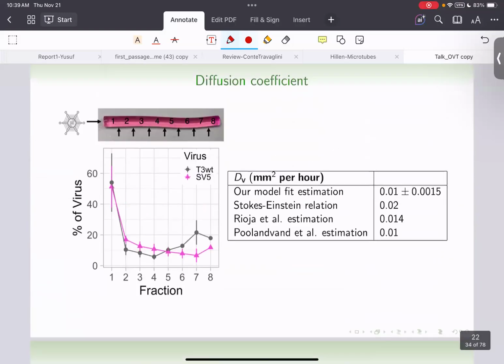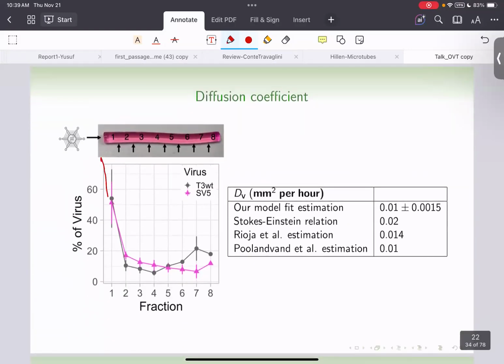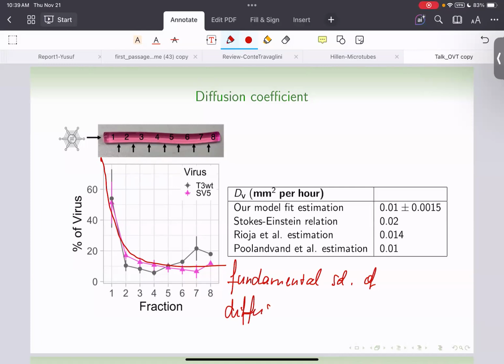Do I have the fits here? No, I don't have the fits here. But what you do is fit a curve through these using the fundamental solution of the heat equation, of the diffusion equation, which would be V_t = d V_xx.